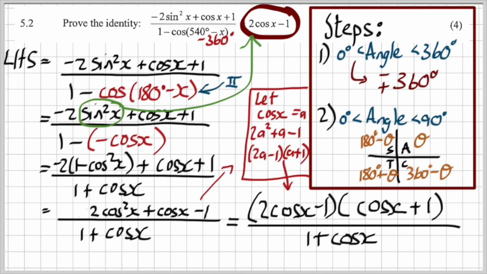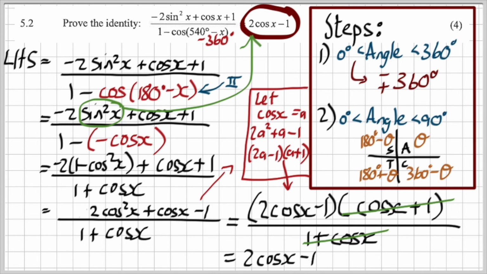But sir, that's exactly that numerator. Now there are many ways that you can also go and say, how can I manipulate this? Well, I know that I want my cos x plus 1s to cancel out.